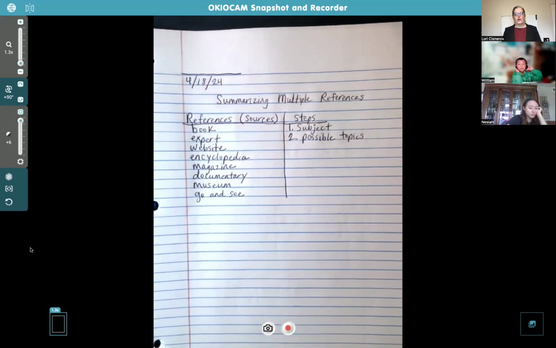So an example for volcanoes would be like lava would be a good topic, or location of volcanoes, that would be another topic. Or maybe the ash, sometimes after it erupts, there's ash that comes out and it settles down on the town that's nearby. How does the volcano affect people? How does the volcano affect animals? All of those are different topics about volcanoes. Okay, so you have to have a list of topics.